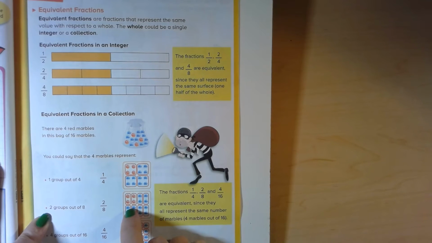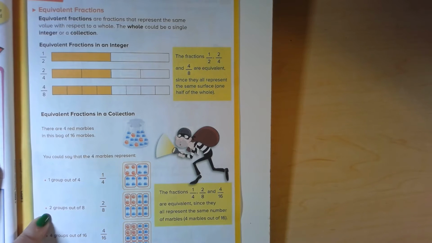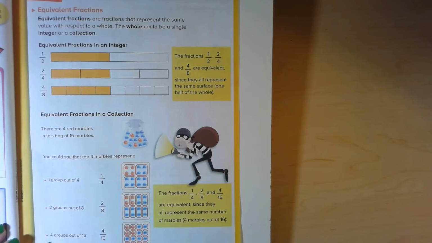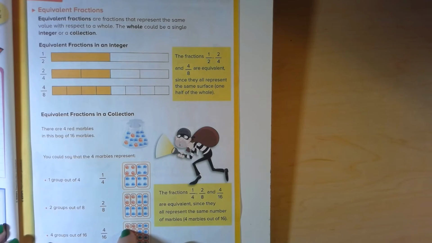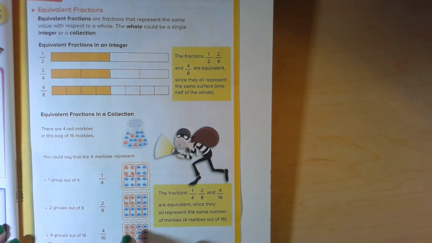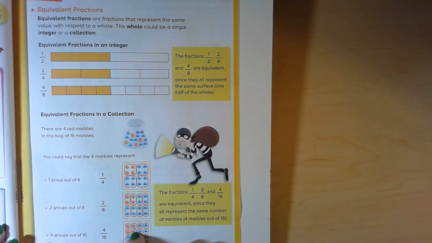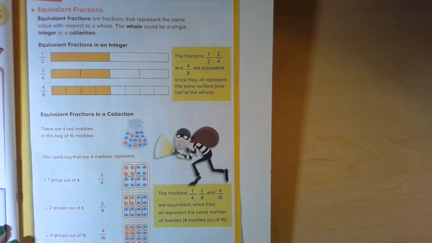If we were then to divide the marbles into 8 equal groups and we put 2 marbles into each group, we would see that 2 of the 8 total groups are red. We could also see that if we put 1 marble in each group, you would have 16 groups, and 4 of those groups would be red.